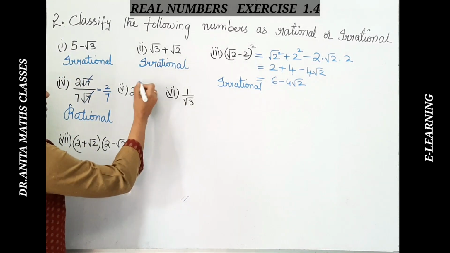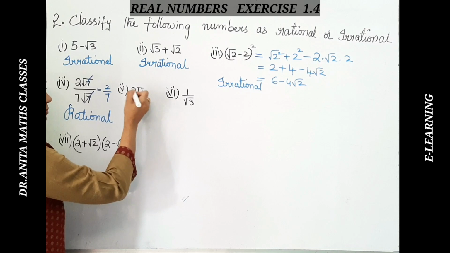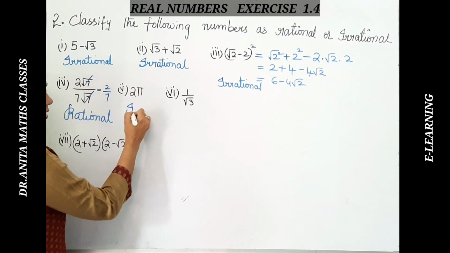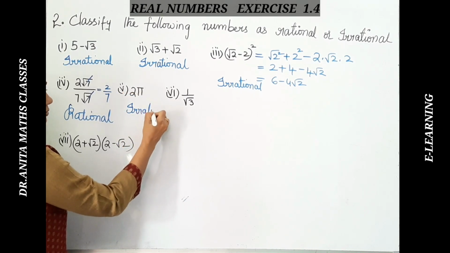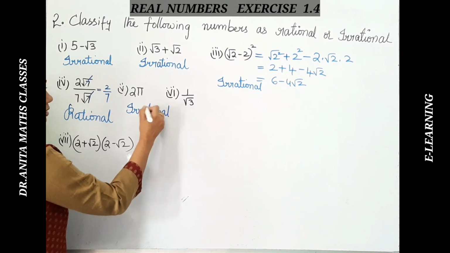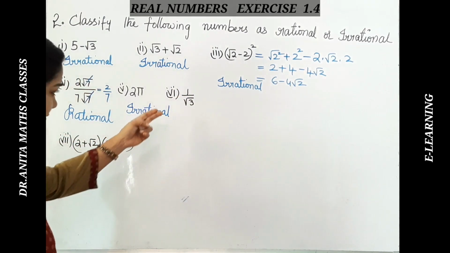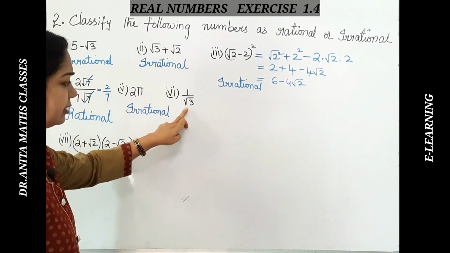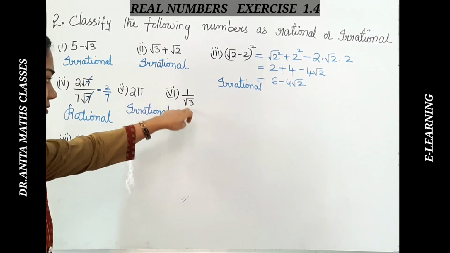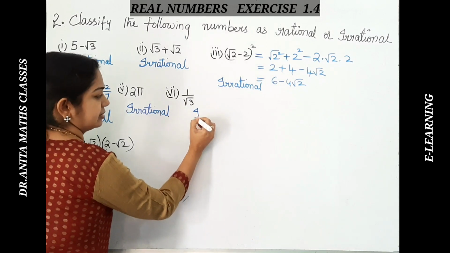So pi is an irrational number, and when multiplied with 2 it is surely an irrational number. Likewise, the sixth one, 1 upon root 3. We got root 3 as an irrational number, so this is also an irrational number.